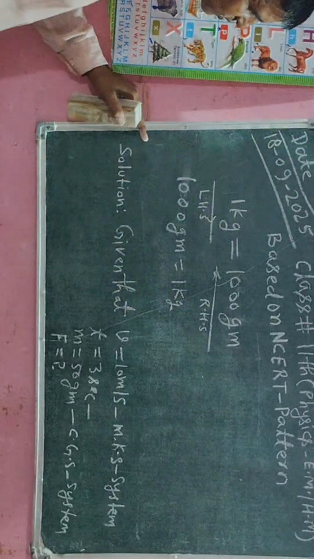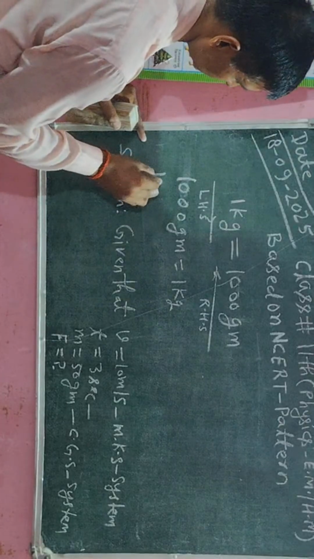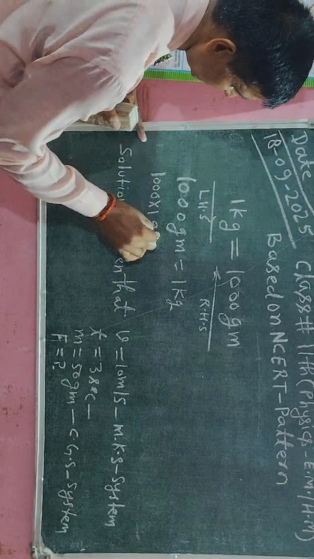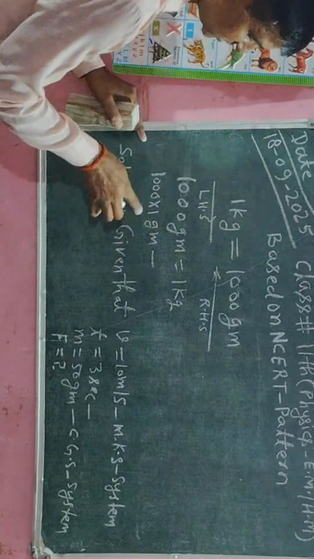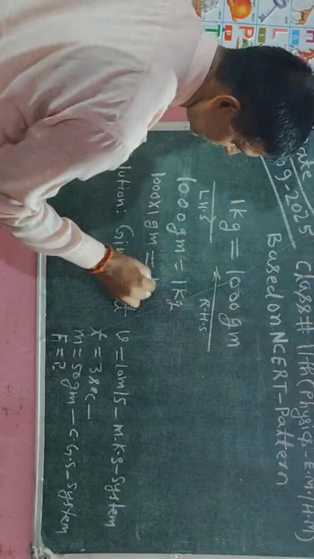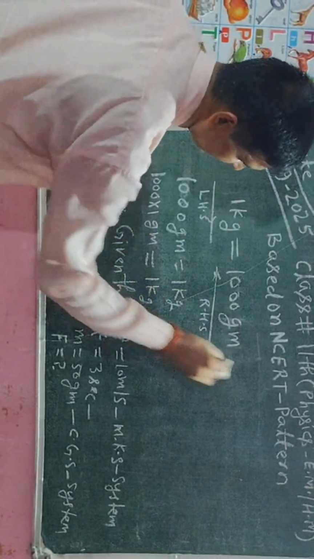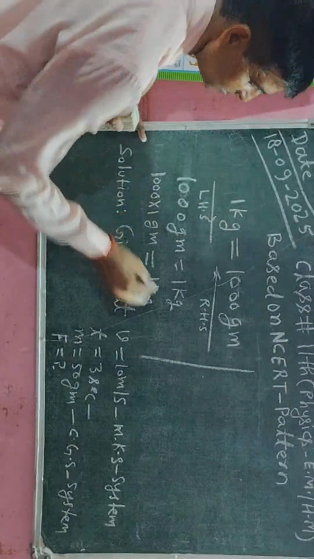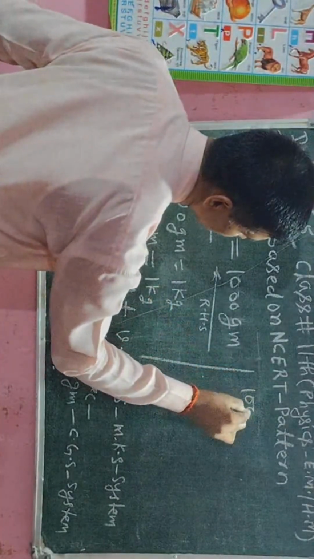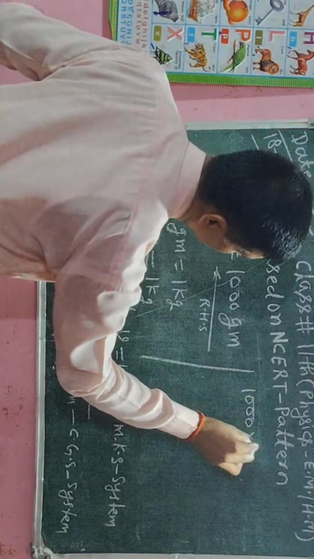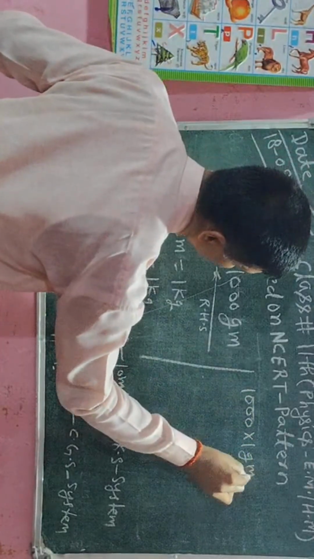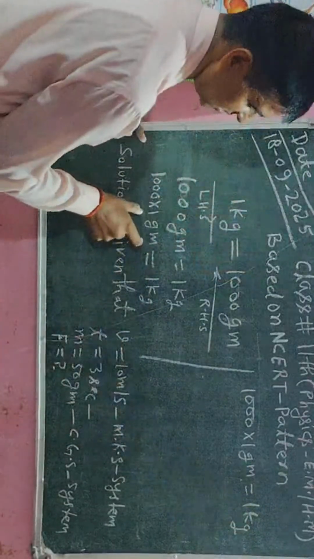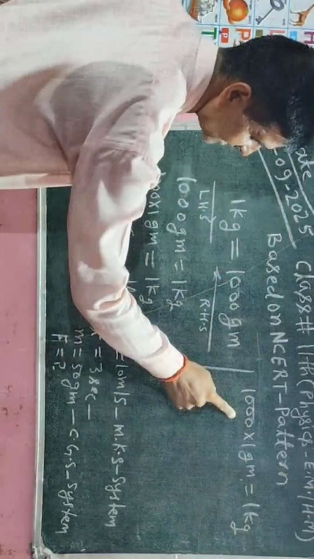Now further I will say 1000 gram can be written as 1000 into 1 gram, which is equal to 1 kg. Same data I have displayed here, same data I can display here.